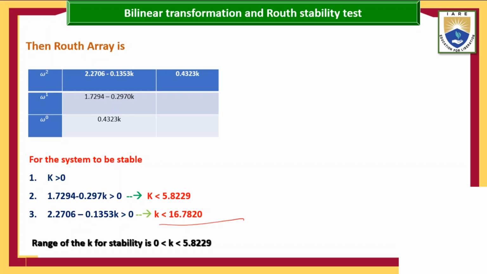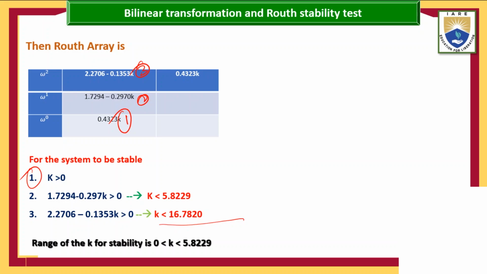Simply, what I am saying is that it is from the first stable condition. What is the next one? This is the second part. Put 0. This is the third part.